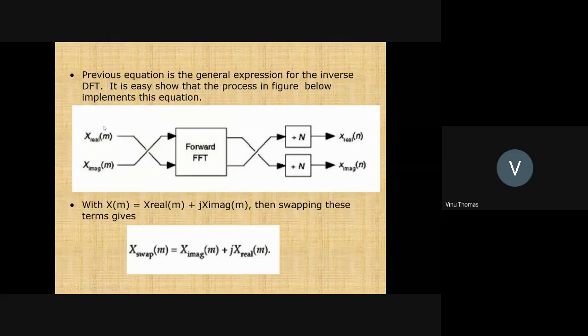Now it's very easy to show that if you have your frequency samples here and I interchange them, so X imag of m becomes the new real part and X real of m becomes the new imaginary part, compute the forward FFT, swap the real and imaginary parts again, and divide the new real part by N and the new imaginary part by N, you will get the output sequence, which is the IDFT of this input sequence.